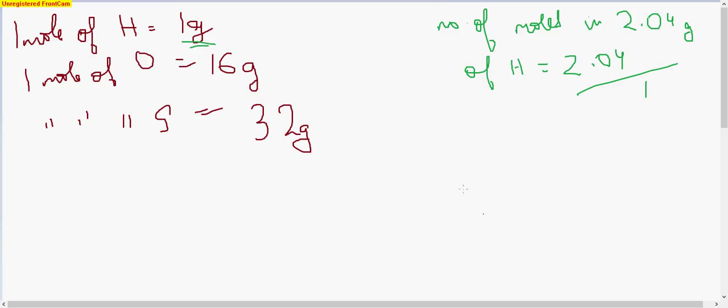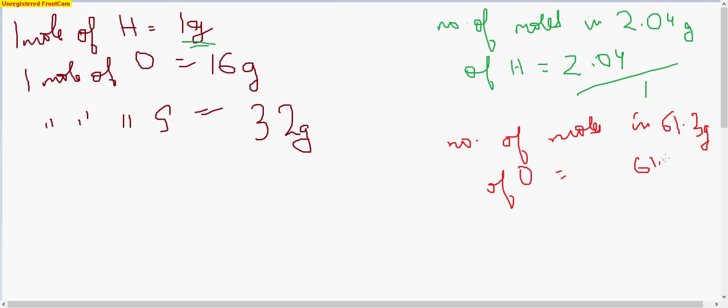Okay, the next one, number of moles in 16 grams. What is the percentage? Even though I rubbed it, I have the question over here. Please note down, 61.3 grams of oxygen. How much is that? 61.3 divided by 16, right?